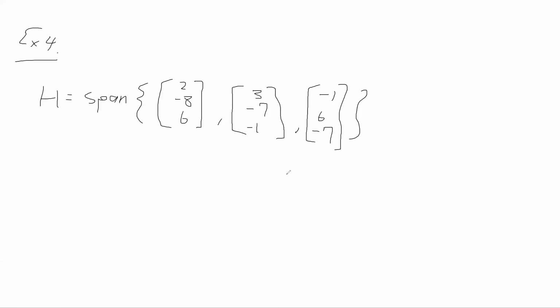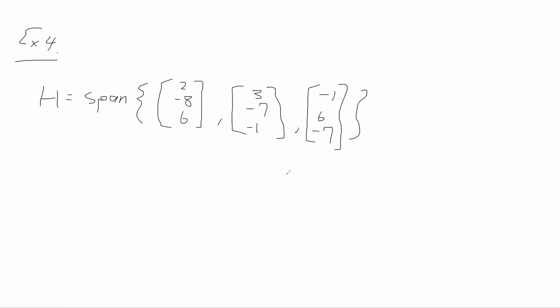All right. Now the last example, example 4. This is a classic example of showing you the relationship between rank, dimension, and dimension of subspace. The example tells us that the subspace H is being spanned by these 3 vectors, and we want to find the dimension.